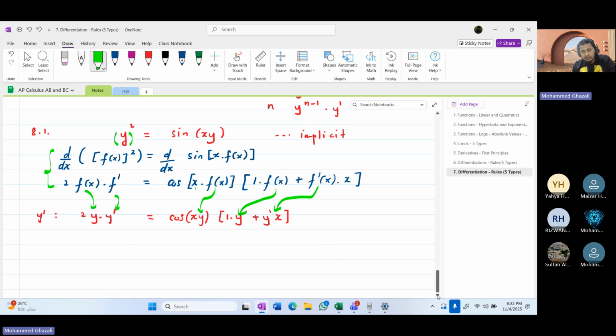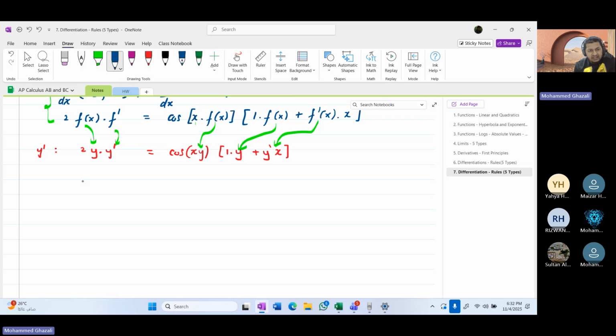Now I need to go and solve for y prime. So on this side is just 2y y prime, equals, expand this because there are two terms there, cos xy, y cos xy plus y prime x cos xy.